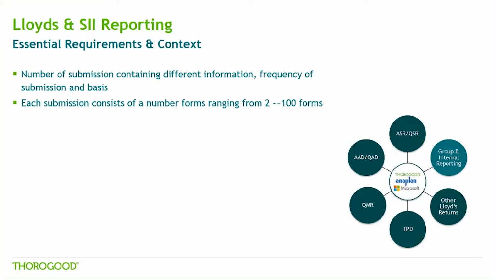And each of those submissions has its own different frequency. It's usually annually, quarterly, monthly, so there's complication there. Some of the submissions have up to 100 forms. What is useful though is that some of those forms may not actually be relevant to your business because you're not in that particular area of business, such as life insurance, for example.